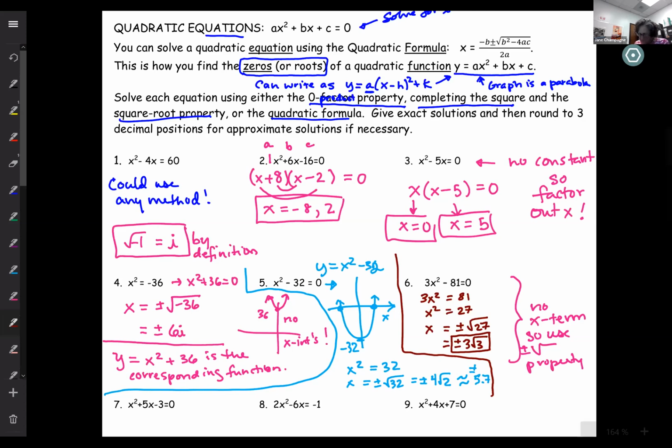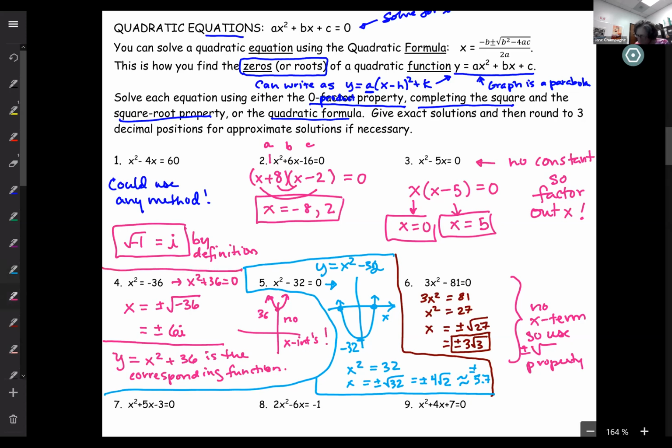So again, there's this relationship between solving the quadratic equation and looking at the x-intercepts of the corresponding function. Because if you think about it, the equation just has a 0 where the y would be, right?